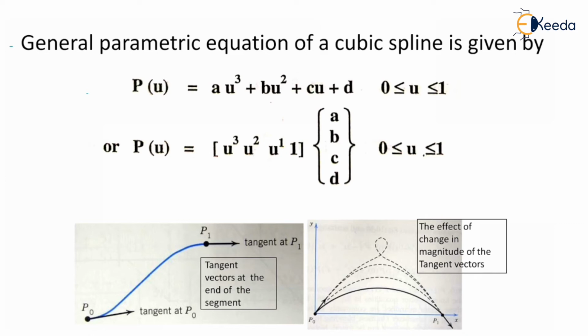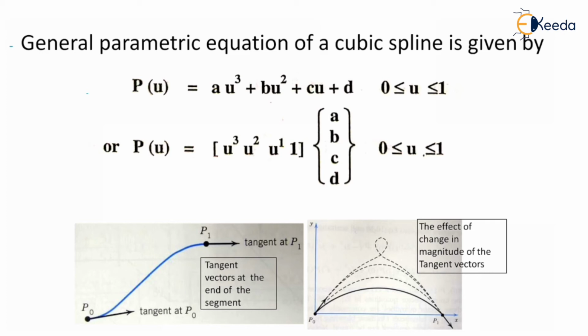Previously, I took it in the scalar form x, y, z. So this is the general form, and p of u is equal to u cube, u square, u, 1 times a, b, c, d. You can interchange the column vector and the row vector.